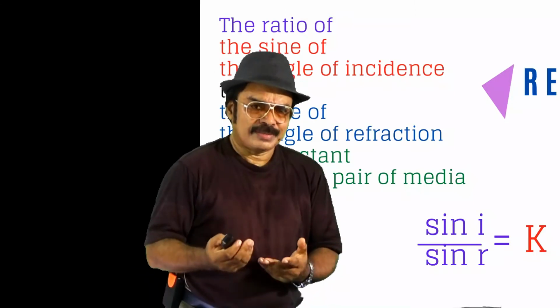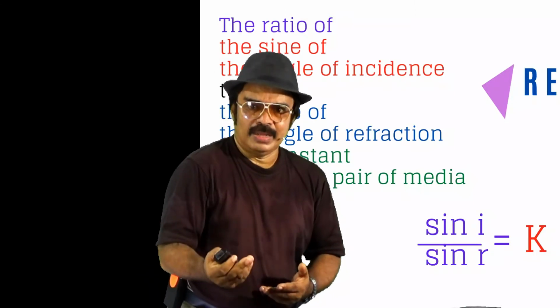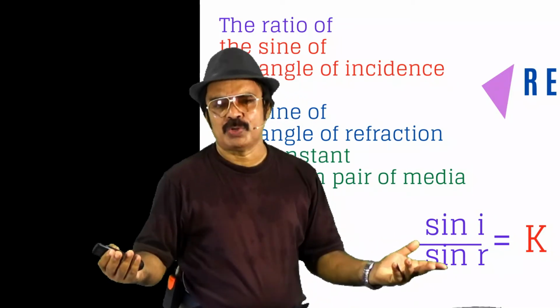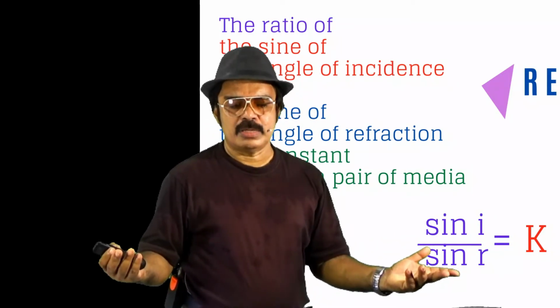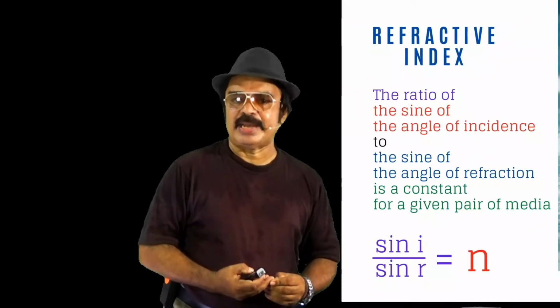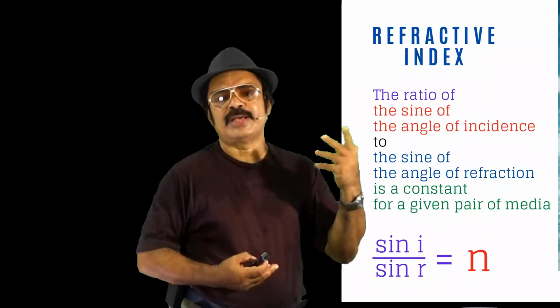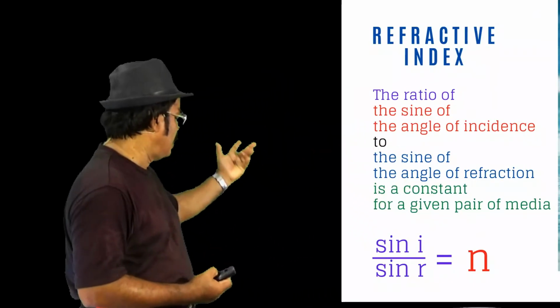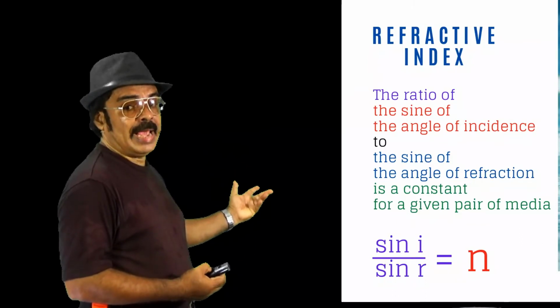But it has a sort of symbol. Constant is K for everything, you know, right? We use K for any constant, but here the constant is given a specific symbol, that is n. So sine I divided by sine R is n, simple n.